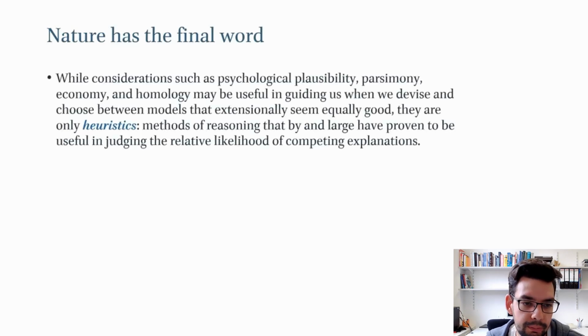So while considerations like plausibility, parsimony, economy, and homology are useful guiding principles, right? They help us to rationalize in the absence of other evidence, and they can help us in choosing and devising models that are more likely to be correct overall. They're just a heuristic. A heuristic means it's a method of arriving at something that seems more likely, that's more probable, right?